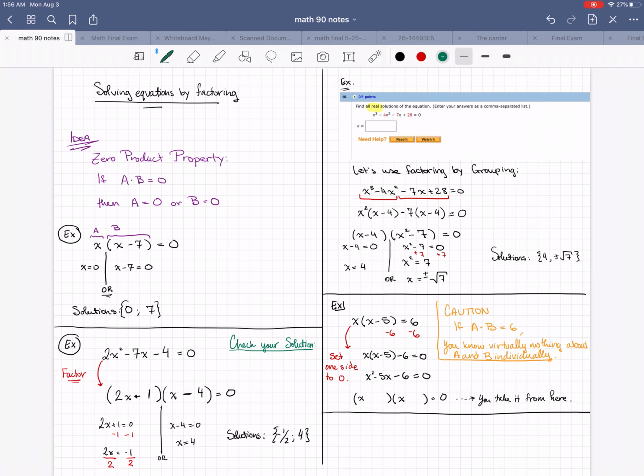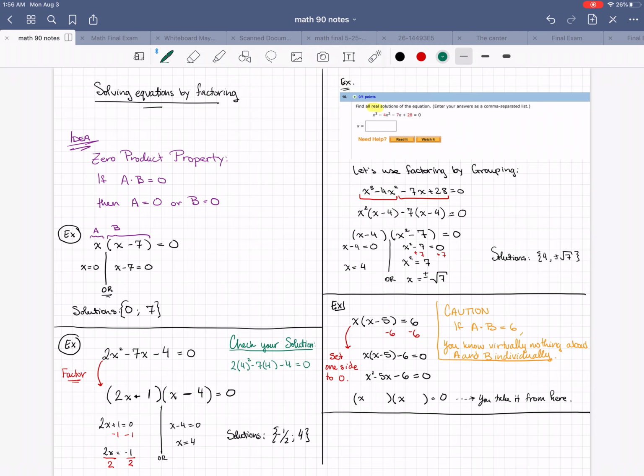All right, so let's check 4. As you remember from our very first video on what is an equation, for something to be a solution would mean that if we substitute it in place of the variable, the statement would hold true. So in other words, if I plugged 4 in for x, I'd get 0 on both sides.